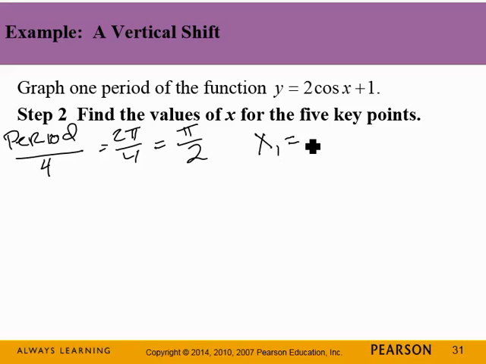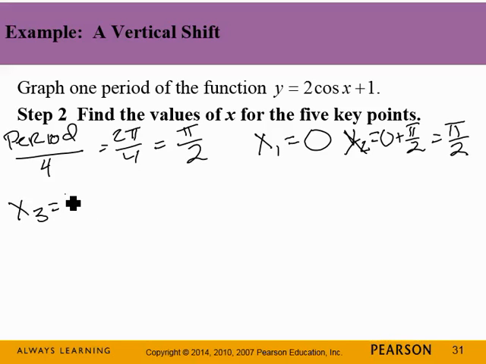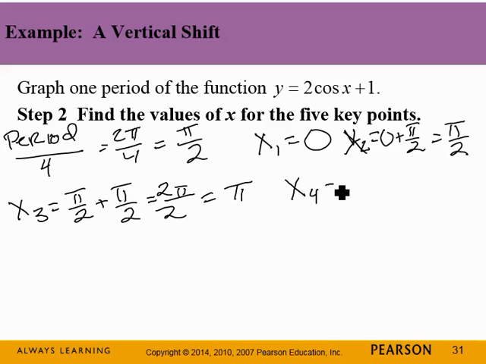So x1 for this one is going to be 0, since my phase shift is 0. x2 is 0 plus pi over 2, so it's just going to be pi over 2. x3, pi over 2 plus pi over 2, is 2 pi over 2, which is pi. x4, I'm going to write as 2 pi over 2, so I have a common denominator.